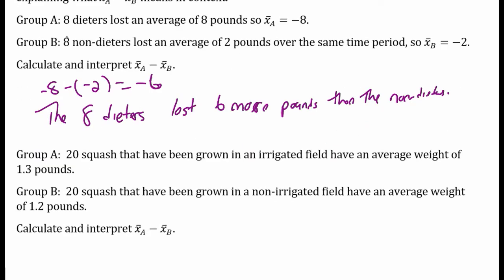So the average of those 8 dieters, they lost 6 more pounds than the average of those 8 non-dieters.